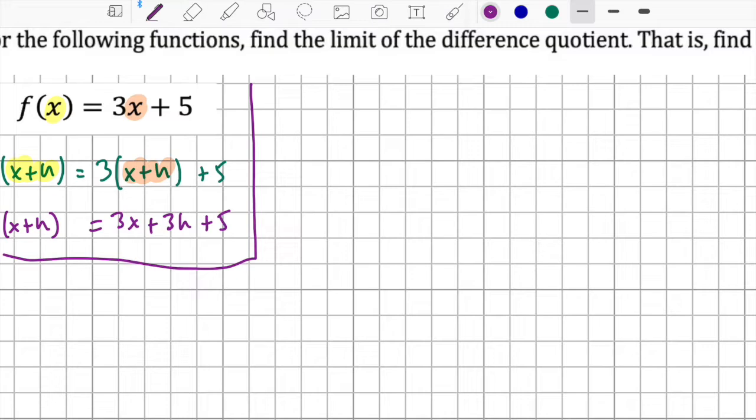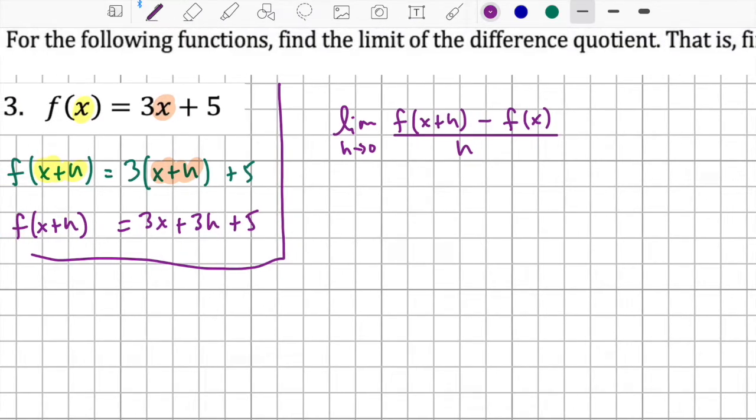So the definition of the limit of the difference quotient is this: limit as h approaches 0 of f of x plus h minus f of x, all of that divided by h. Now let's substitute.